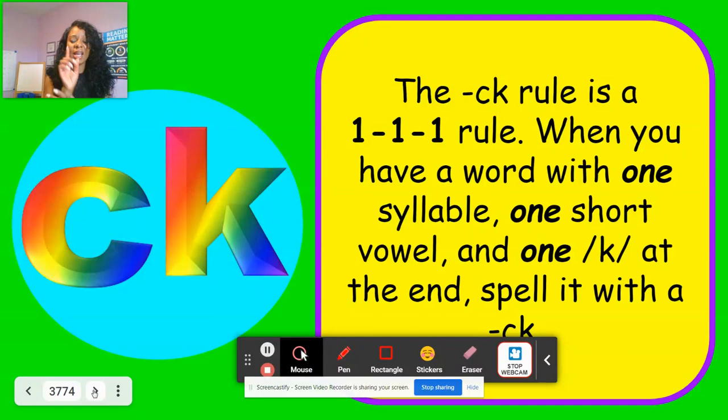Sick. So it has one syllable, one short vowel, and one k sound at the end. And that's when you use a CK. So remember, the 1-1-1 rule is when you have one syllable, one short vowel sound, and one sound that goes k at the end.